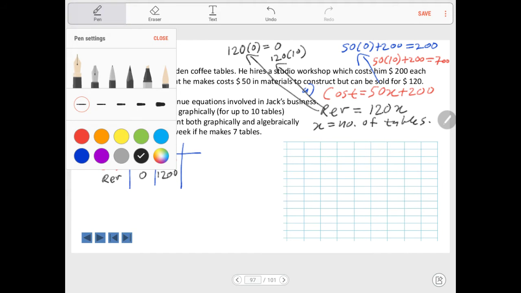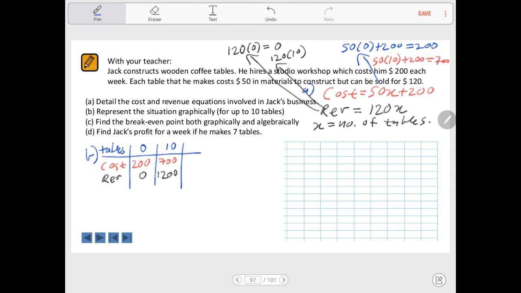Of course, the cost and revenue depend on the number of tables. So X number of tables is our independent variable. And we go up to 10 tables. So if we go up in ones along here, so 5, 10, and we have tables.